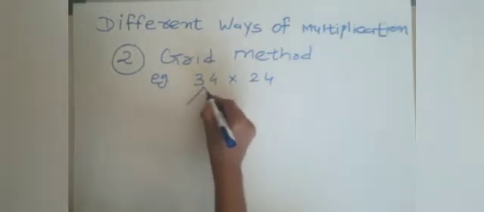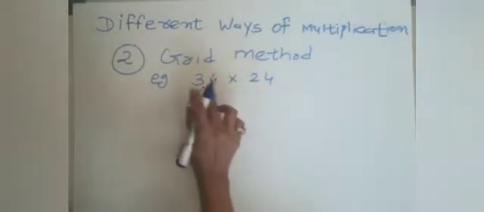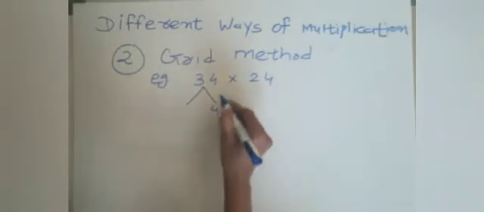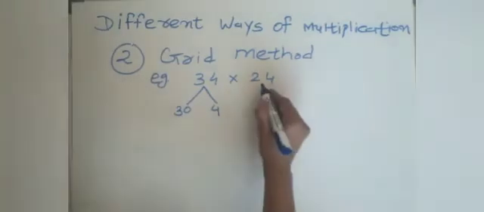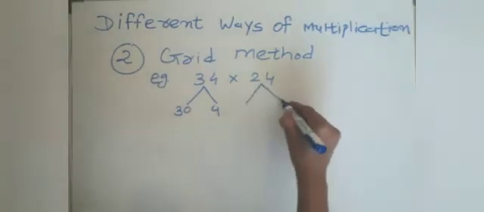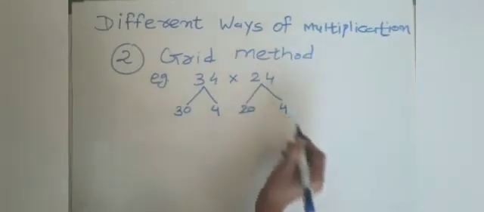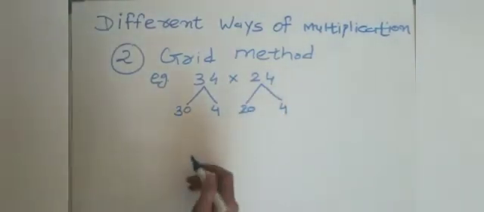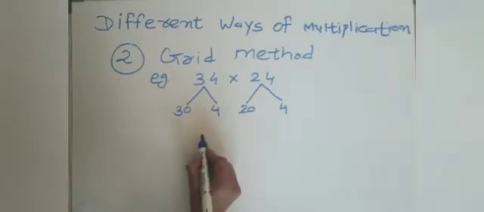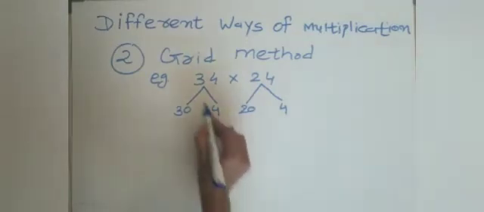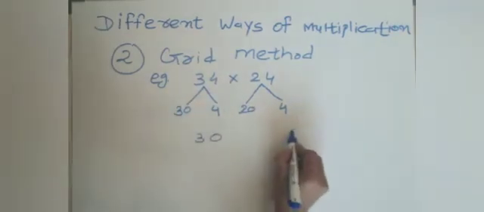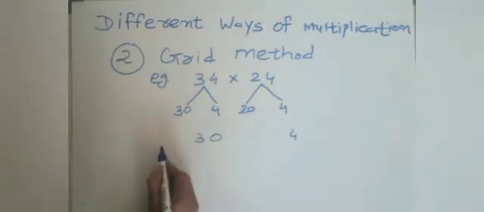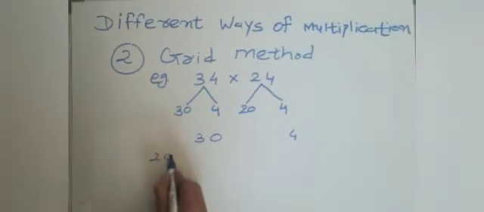For example, 34 is given, then we will split it into 30 and 4, and the other number into 20 and 4. Now we will write the numbers in a grid, 30 and 4 here, and 20 and 4 there.